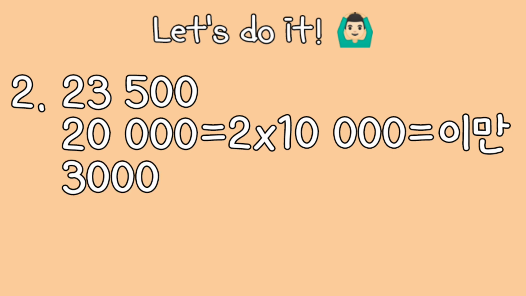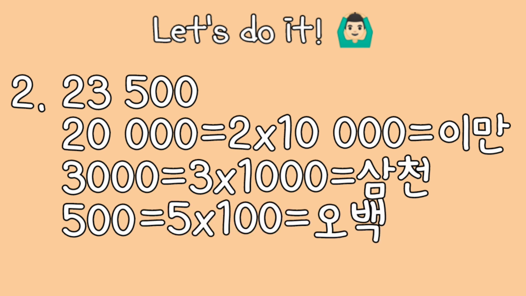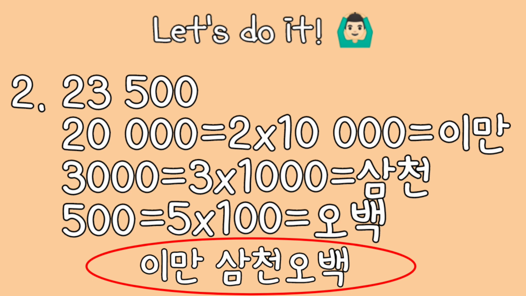Next is 3,000, which is 3 and 1,000. In Korean, it's samchon. And lastly, 500, or obek. And finally, 23,500 is iman samchun obek.